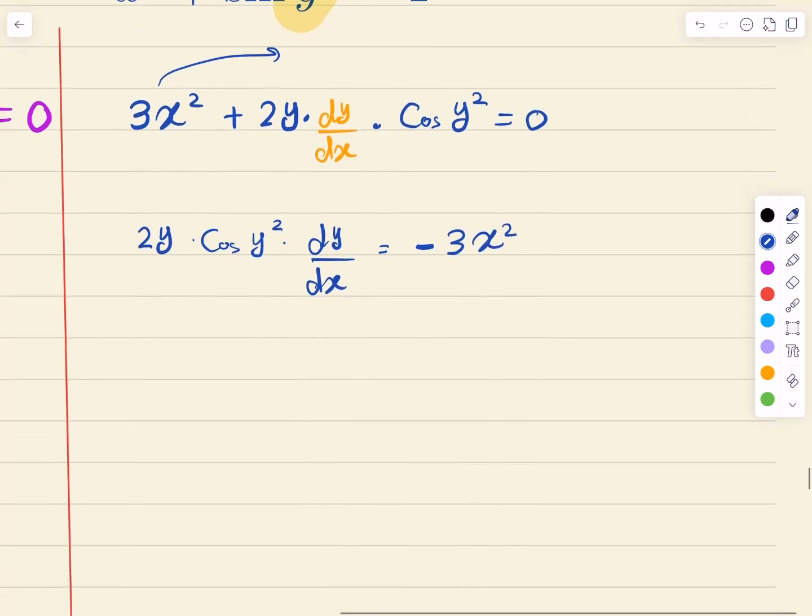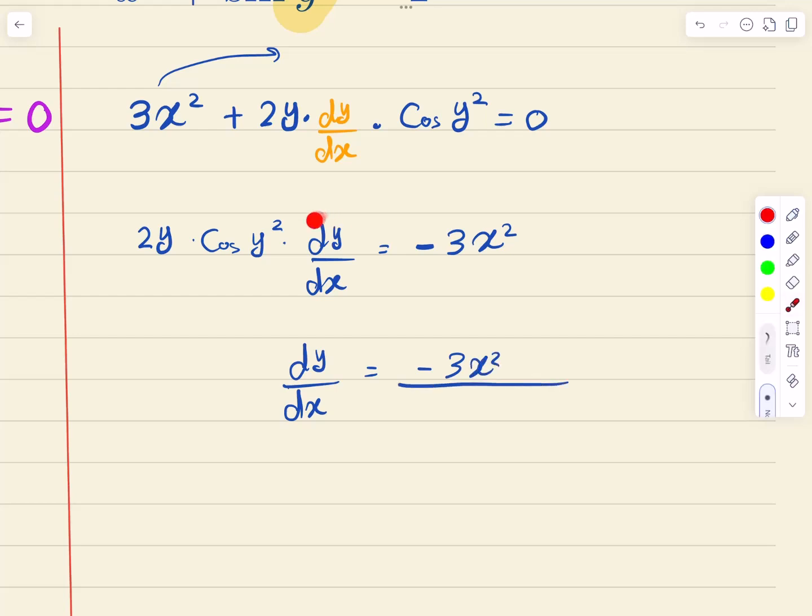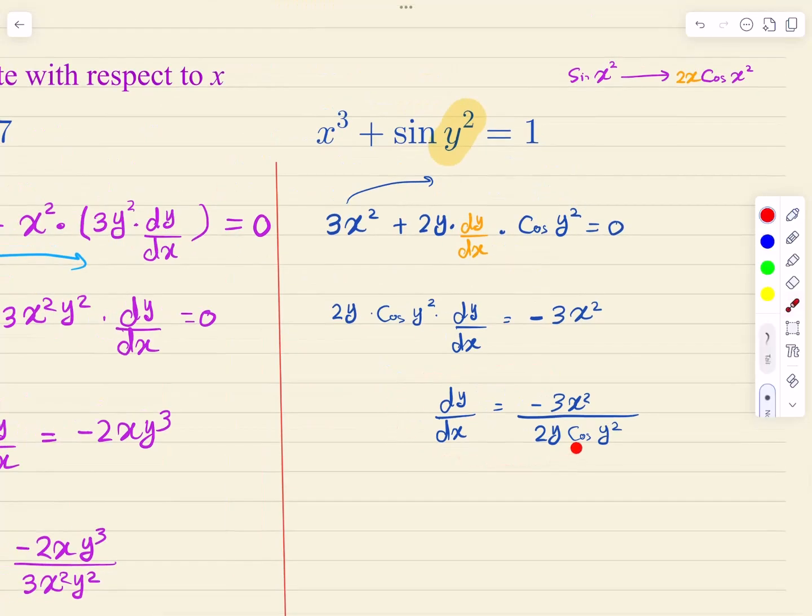Finally now, to make this one alone, dy over dx will be negative 3x squared divided by what's multiplied by dy over dx, which is all of this. So here we have 2y cosine y squared. This is now the derivative of this function using implicit differentiation.